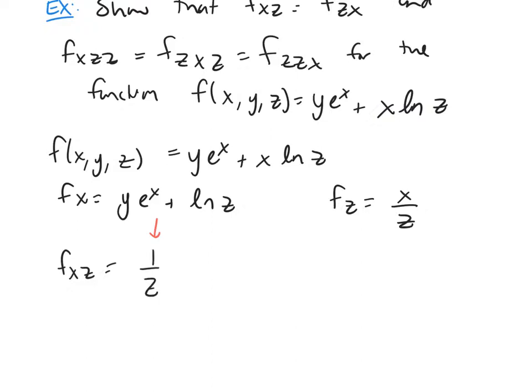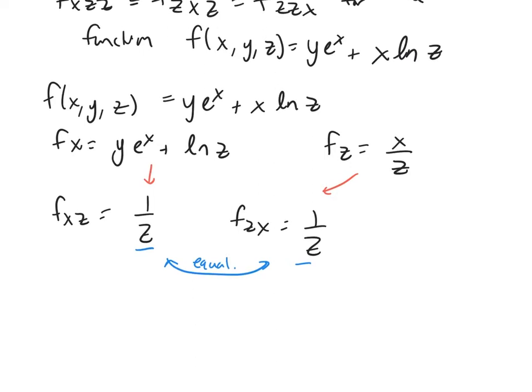And if I take fz, take the derivative with respect to x now, fzx, you'll get 1 over z. And notice that these two things are, in fact, equal. That was one of the things we needed to show. I'm also going to need fzz for the next step. So I'd get negative x over z squared.